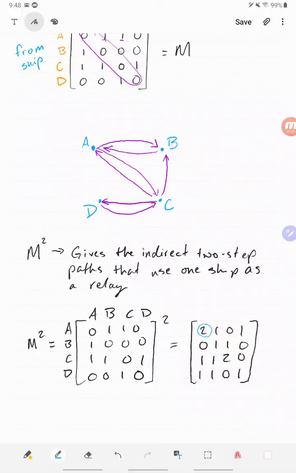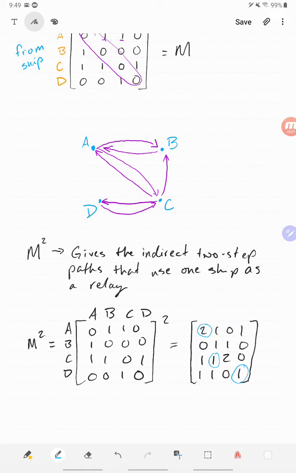I could go from A to B and then from B to A. If I look at this 1 here, that tells me the number of two-step relays from C to B. Right? I can go from C to A and then A to B. This 1 over here tells me that I can go from D to D using one other ship as a relay one time, right? I can go D to C and then C to D.